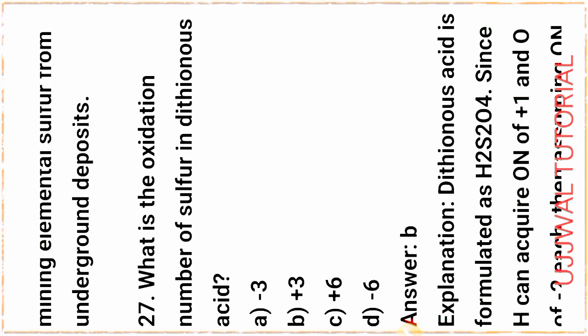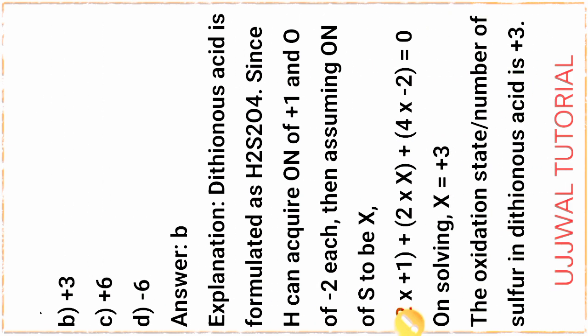Next question, number 27. What is the oxidation number of sulfur in dithionous acid? Option B, plus 3. To explain for this part, dithionous acid is formulated as H2S2O4.